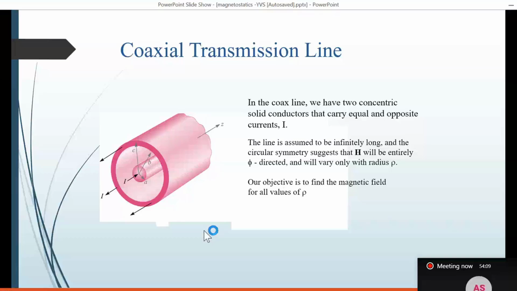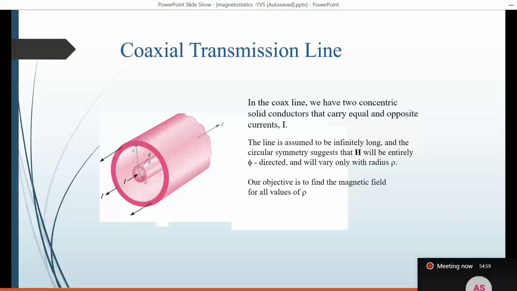The middle conductor is a continuous straight conductor, or it may be a stranded conductor. This coaxial transmission line, many a time we use this kind of transmission line to transmit signals, wired signals, maybe television signals or sometimes radio signals.